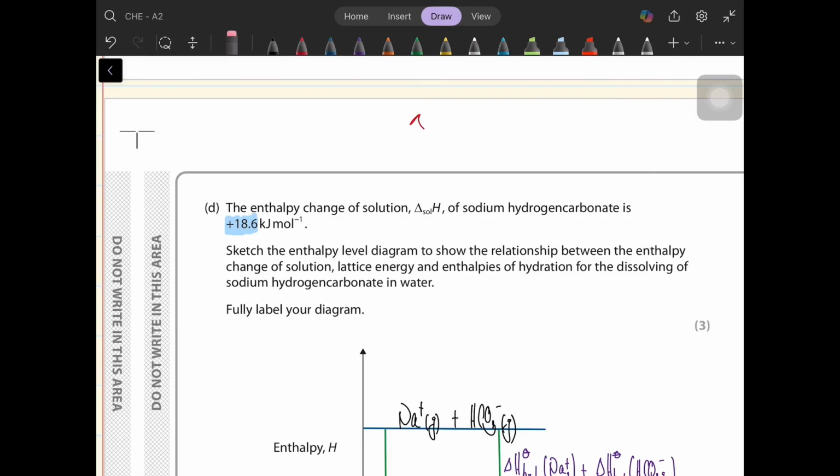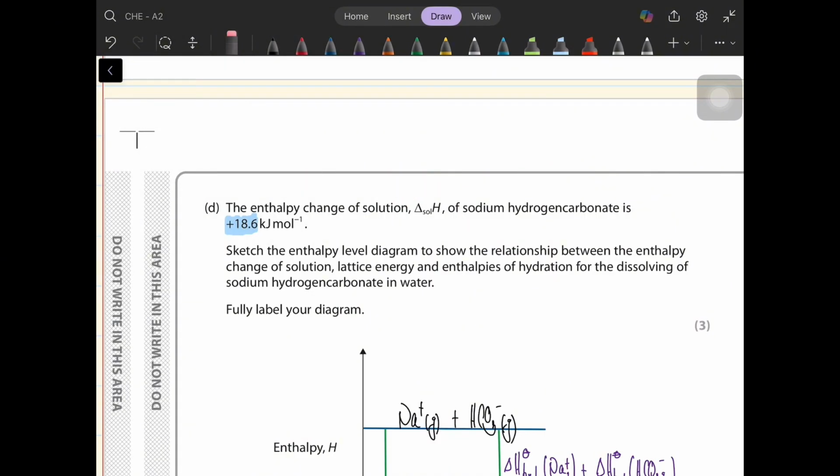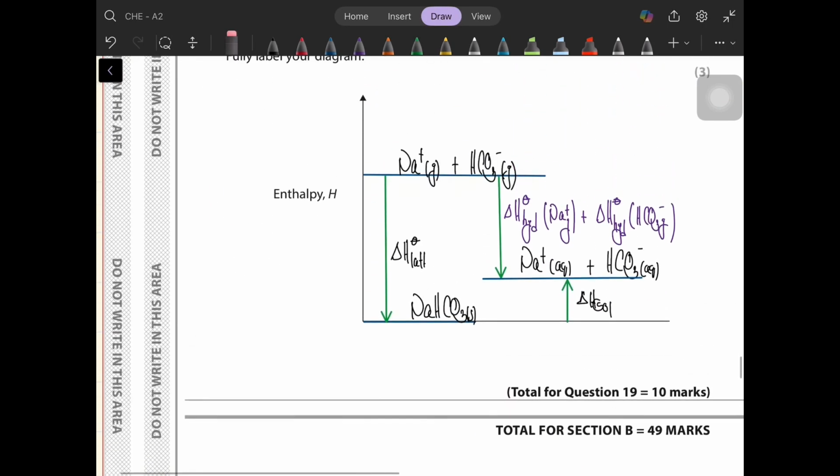As I said, delta H solution could either be exo or endo, right? So first you have to read the question and identify whether it is endo or exo, but in our case they have made it easier for us as it is endothermic, right? First of all, at the base you're going to have your solid, and at the top you are going to have your gaseous ions.